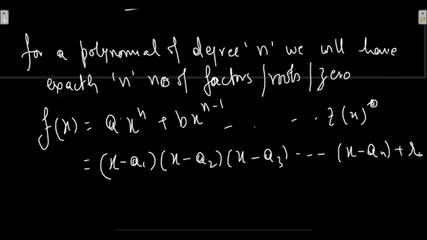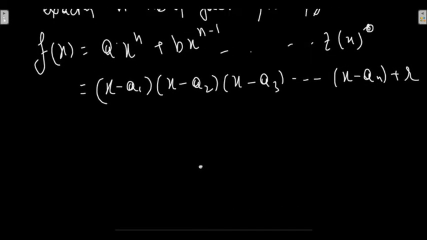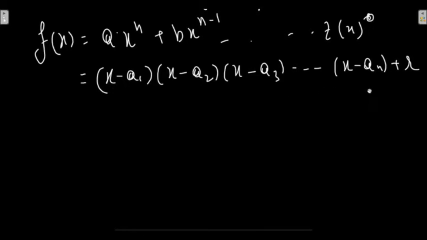Exponent of x here is 0. Now, if we open the bracket and multiply all these terms, we'll find that the degree of this entire polynomial is going to be x raised to power n.